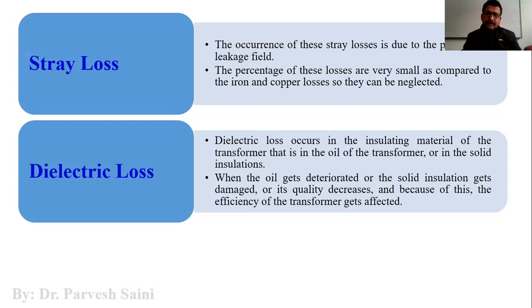Now one thing which is left is that the iron losses are basically known as the permanent losses. Why are they permanent? Because whether your transformer is on load or no load, the primary current will be there.